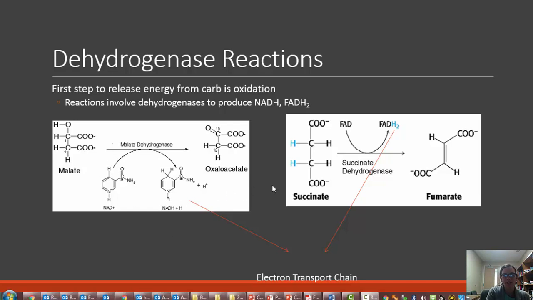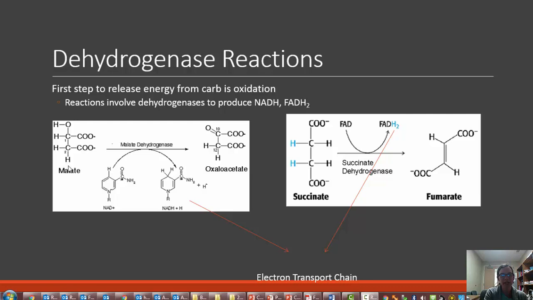Okay, so these represent two different steps of the TCA cycle. In this one, we're converting malate to oxaloacetate, by malate dehydrogenase. We're going to take some hydrogen off of malate, and we're going to put it on this NAD+.